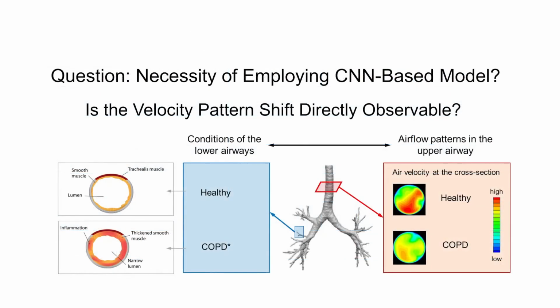The previous results show that those two CNN algorithms are able to capture the obstruction locations very well by classifying them into three categories. But do we really need to include a CNN-based model to do this kind of diagnosis?